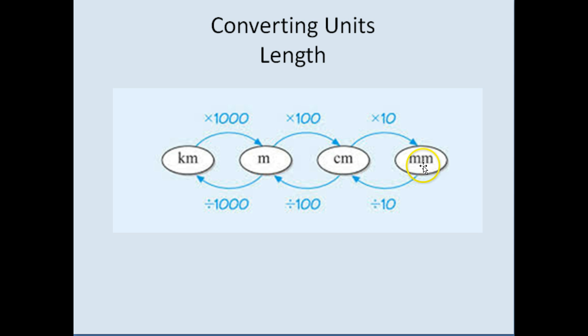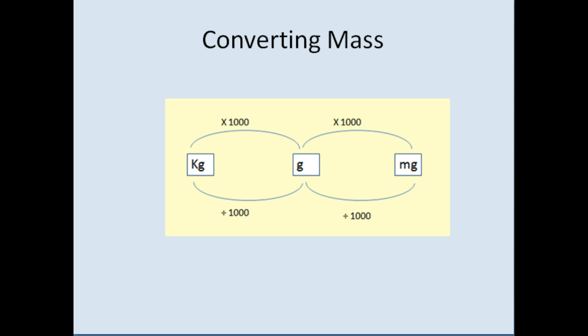If I wanted to go the other way, so you can see here we're going from big to small, we multiply, and when we're going from small to big, we divide. So let's say I had a measurement in millimeters, and I wanted to change it to centimeters. I'm going to do that by dividing my measurement by 10, and that will now give me a measurement in centimeters.